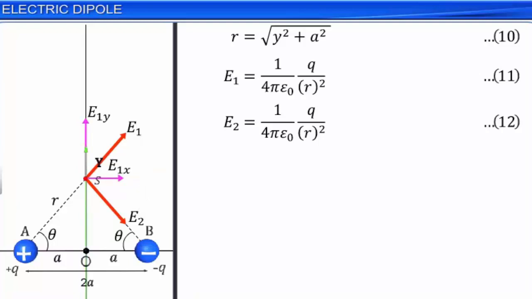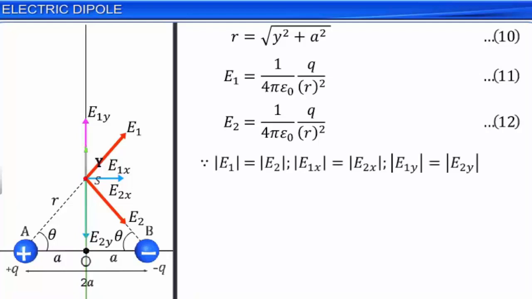And the components of the electric field E2 along the x and y axes are E2x and E2y respectively as shown. Since the electric field strengths E1 and E2 are equal in magnitude, the components E1x and E2x will be equal. Similarly, E1y and E2y are also equal.